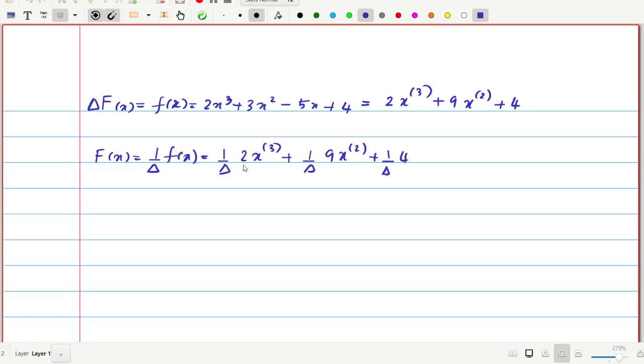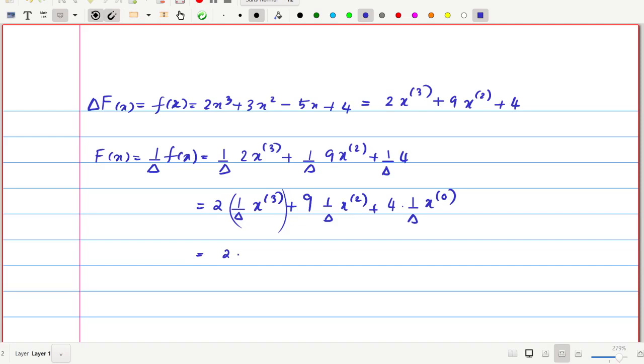That is, we need to find 2 times 1 by delta of x^(3), plus 9 times 1 by delta of x^(2), plus 4 times 1 by delta of x^(0). Okay, that means 1 by delta of x^(3) represents a function whose first difference is x^(3).